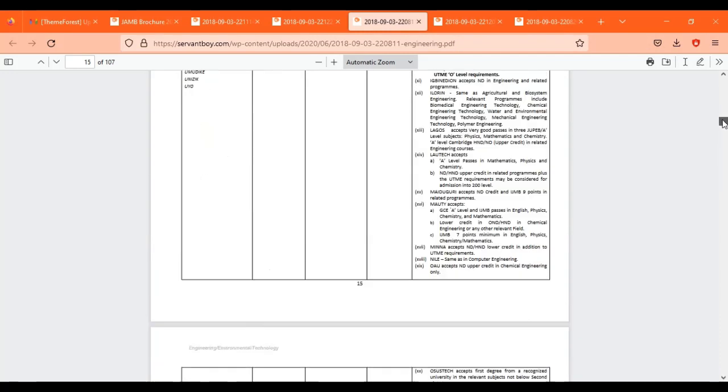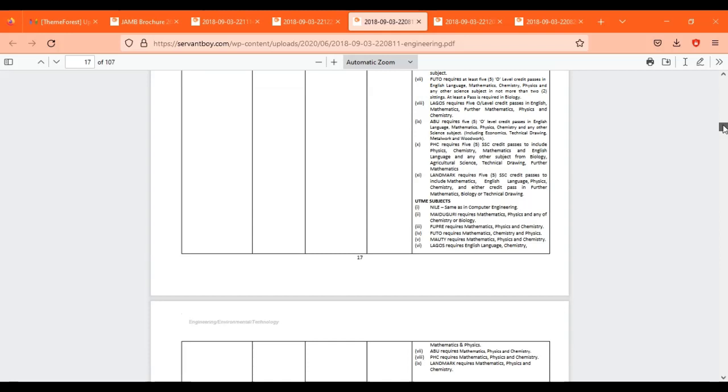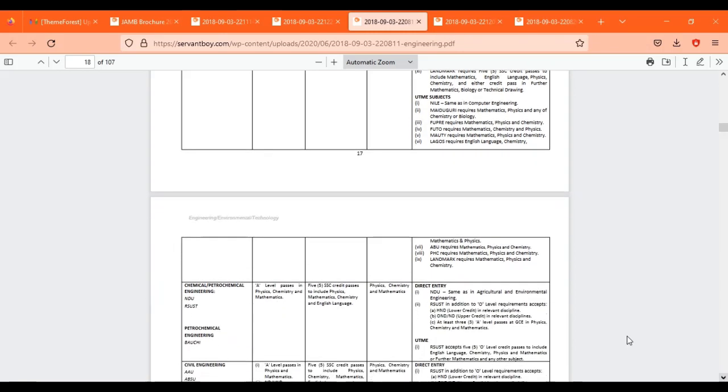So let us look at the special consideration or the waivers. Under the special consideration, you can see that Unilag requires English language, chemistry, mathematics, and physics, which is not different from the general one that JAMB described earlier.